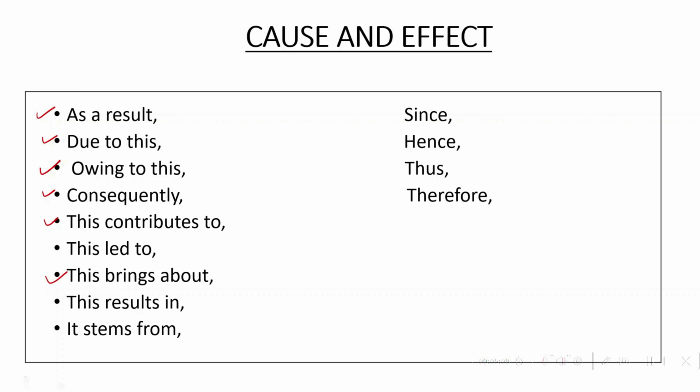Simple words are since, hence, thus, therefore. So, therefore, or thus, or hence, we should take initiatives to help save the environment. So, an example. So we have done the cause and the effect.